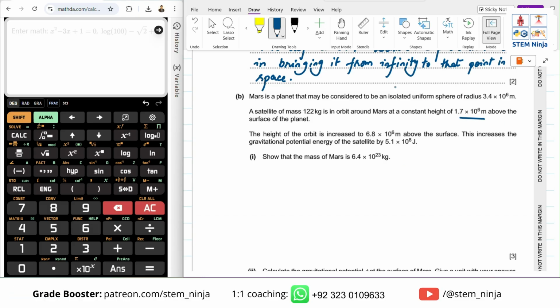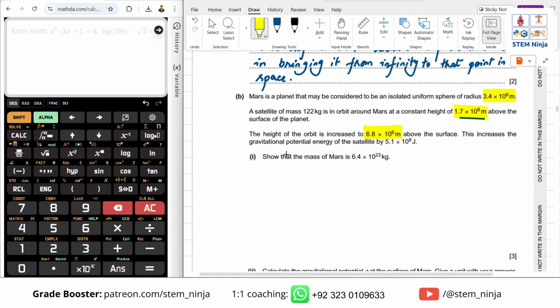So what information is given? Previously, at a constant height was this. Now it is increased to this. Similarly, this is the radius. Now, why is it important over here?